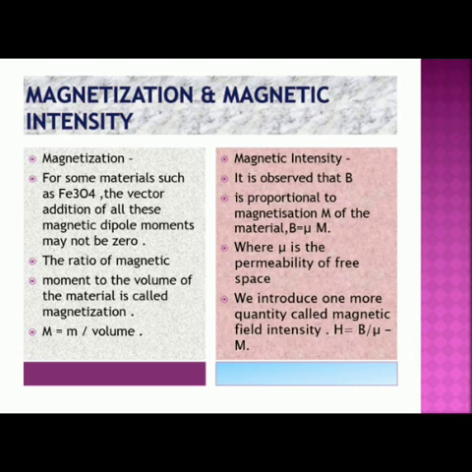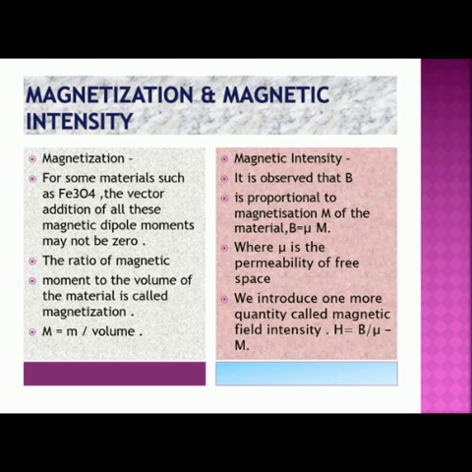So when I introduce one more quantity, that quantity is called magnetic field intensity, represented by capital H, where capital H is again given by the formula H equals n i. So these are the noticeable differences between the expressions for magnetic induction and magnetic intensity. With this, students, we complete the first part of magnetic material.